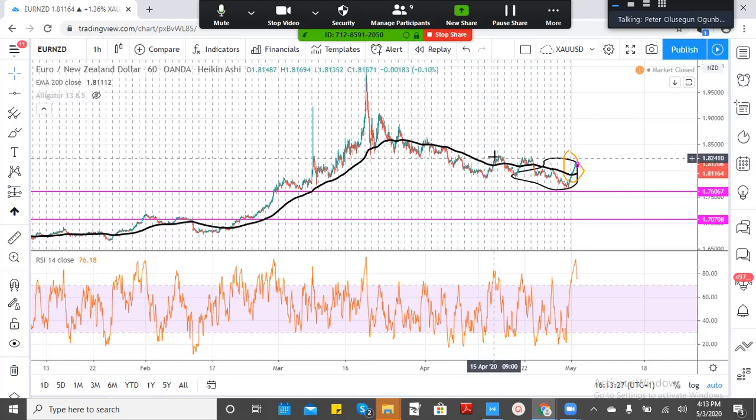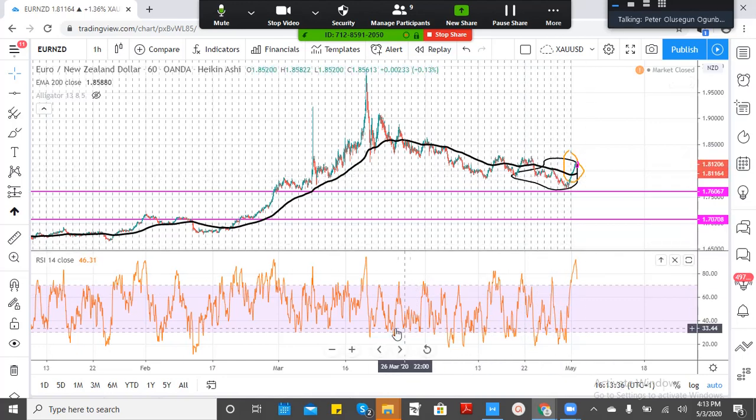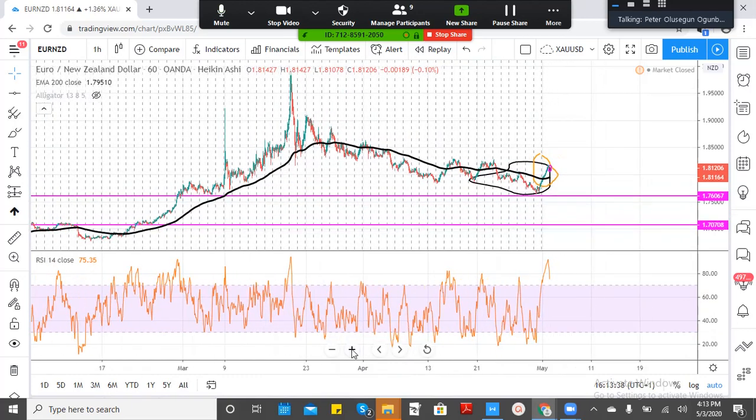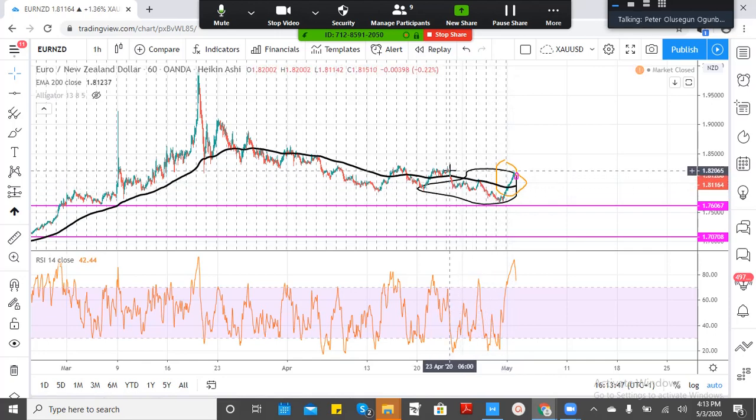Now this one went up as if they want to force the price back up, and this one held. So it's falling downward again. If you look at where the price is at the moment, the price had gone past this level, this level, this level, almost at this level.